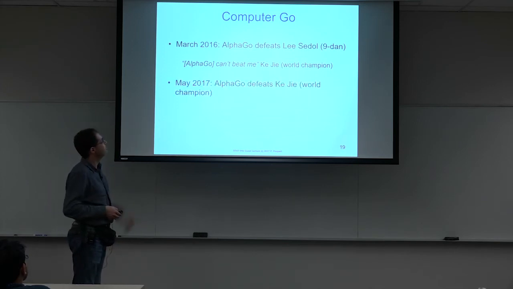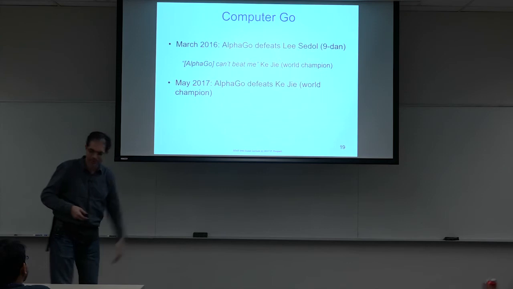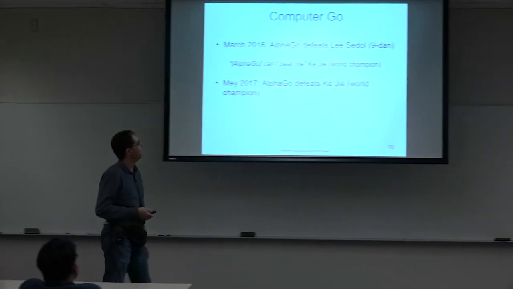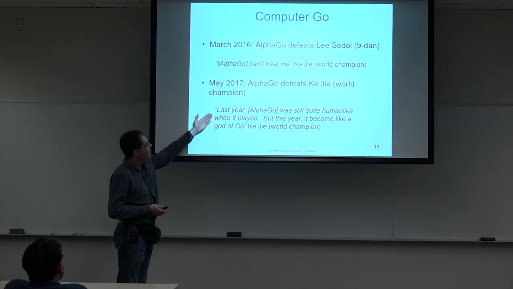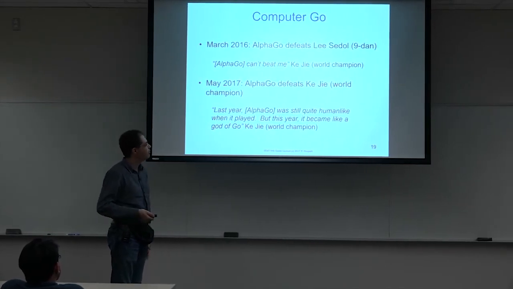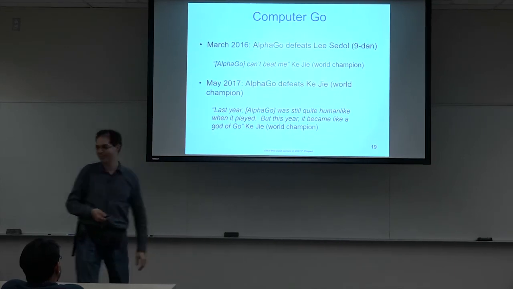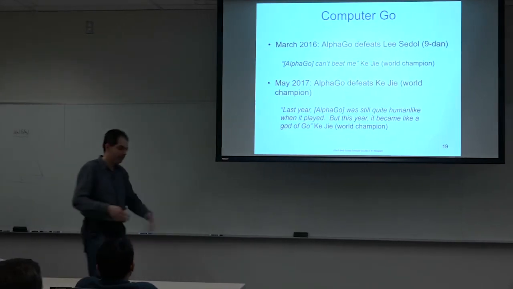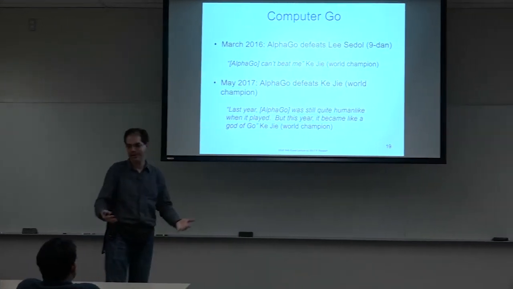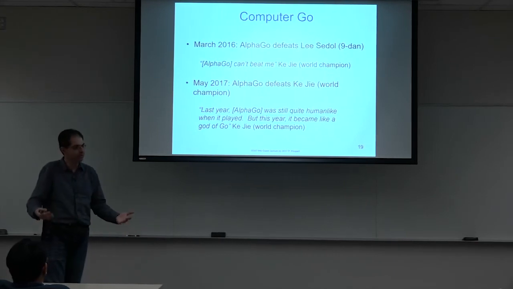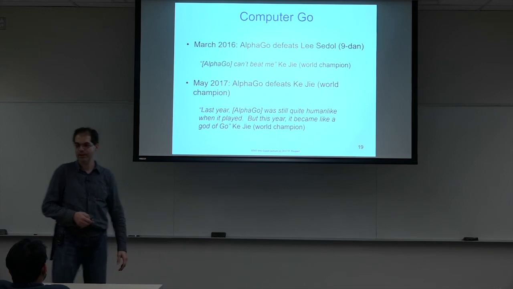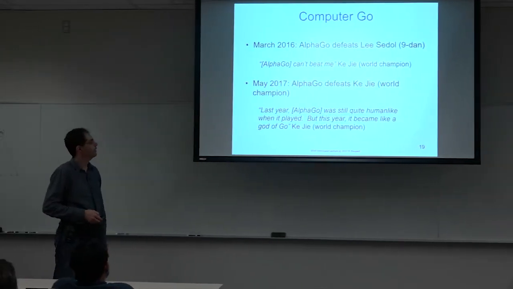But then in 2017, there was a match between him and AlphaGo, and sure enough, AlphaGo defeated him. At that point, he wrote, well, last year, AlphaGo was still quite human-like when it played, but this year, it became like a god of Go. So at this point, AlphaGo is the uncontested program for playing Go, and it has been able to defeat the top human players of the game.